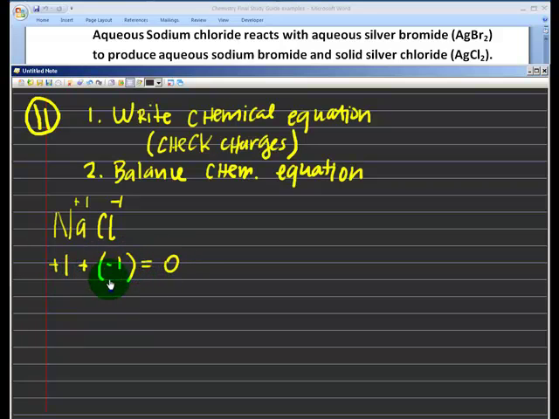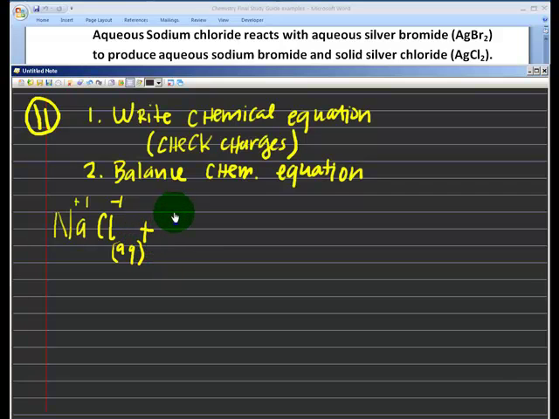So since +1 and -1 equals 0, that means that this ionic compound is written correctly. And if you want, you can write AQ here in the corner for aqueous. Plus. So the word reacts is just the same as a plus sign.